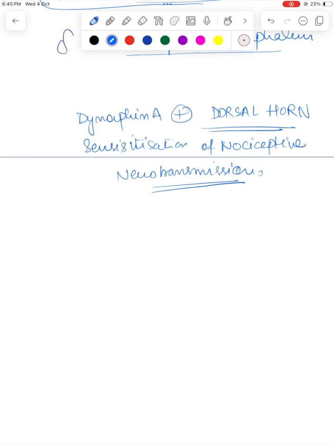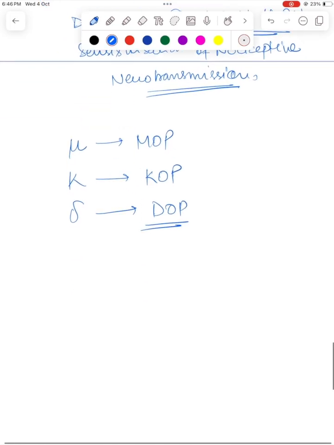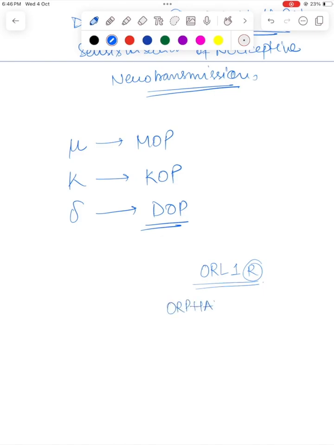Recently also, there have been a new system of receptors that have been described. The same old receptors have now been renamed. For example, the mu receptors are now known as MOP receptors. The kappa receptors have been renamed as KOP receptors. The delta receptors have been renamed as DOP receptors, and a new analgesic system has also been found, another receptor apart from these normal three receptors, and that is known as the ORL1 receptor, which is the orphanin opioid receptor-like subtype 1.